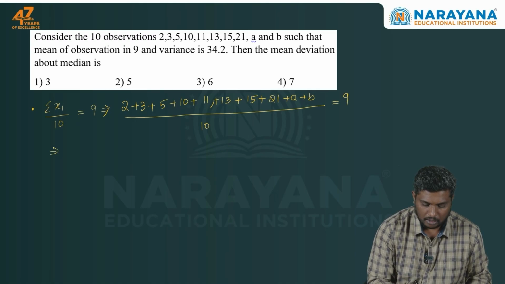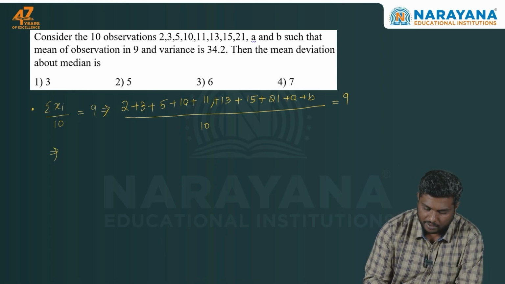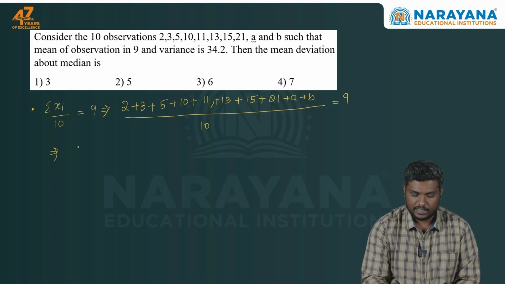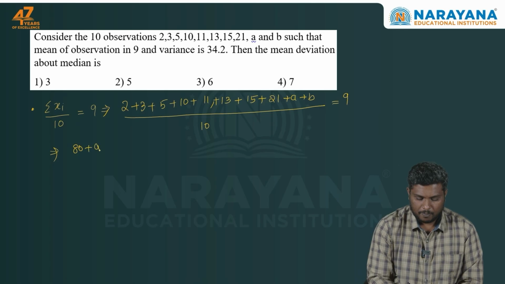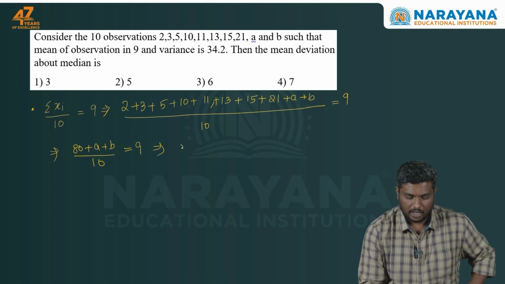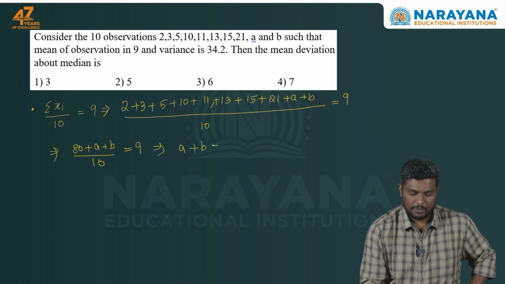Now you can find the sum: 2 plus 3, 5, 10, 20, 31, 44, 59. 59 plus 21 is 80. So 80 plus A plus B by 10 is equal to 9. From this you can easily find the value of A plus B. What is A plus B?